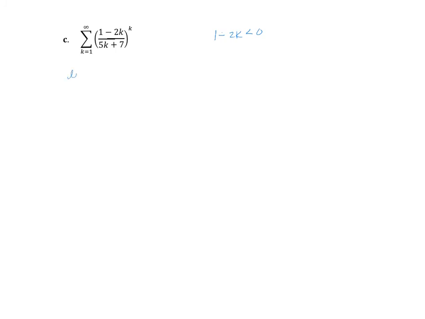I need the absolute values on this. So I'm going to look at the kth root of the absolute value of 1 minus 2k over 5k plus 7 to the kth power. Close my absolute values.